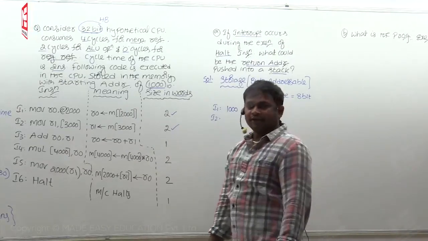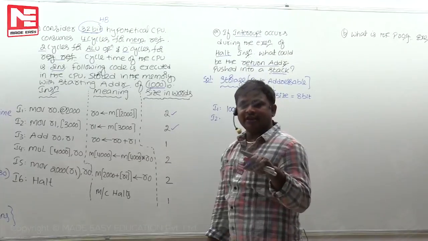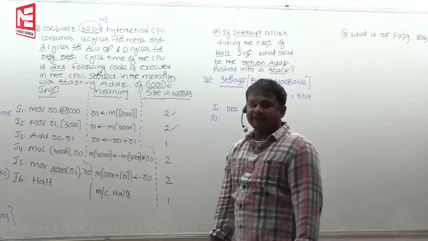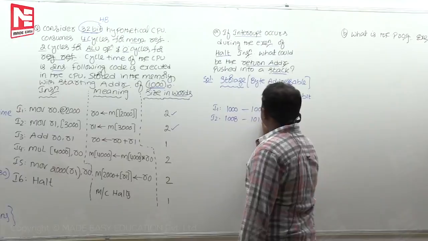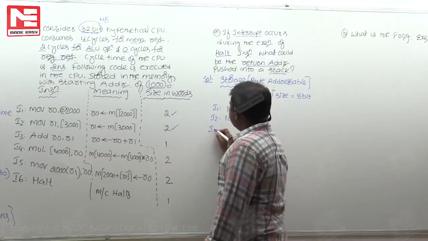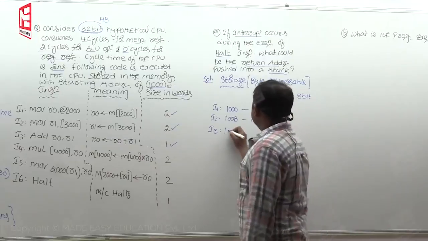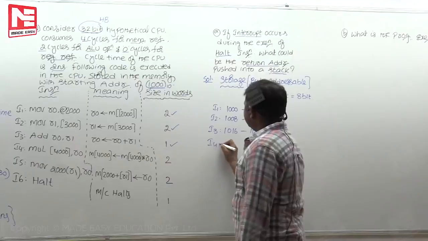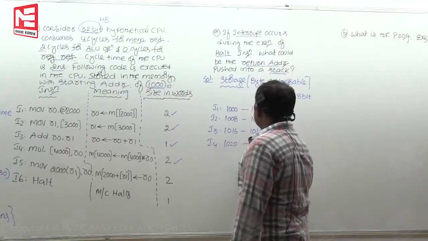I2 is a 2-word instruction, 8 cells of storage. By default it is byte addressable storage, because the question does not indicate the memory configuration. So I2 is 1008 to 1015, total 8 cells. Next I3, one word, means 4 cells: 1016 to 1019. Next I4, two words, 8 cells: 1020 to 1027.